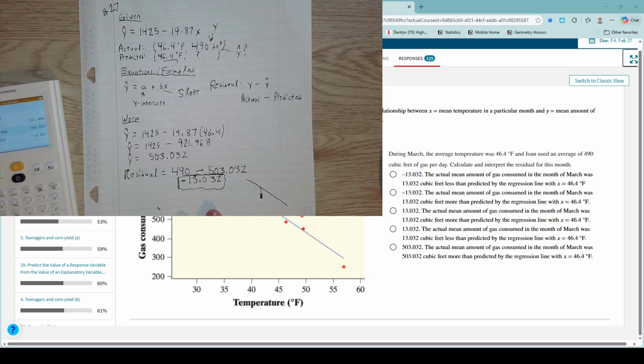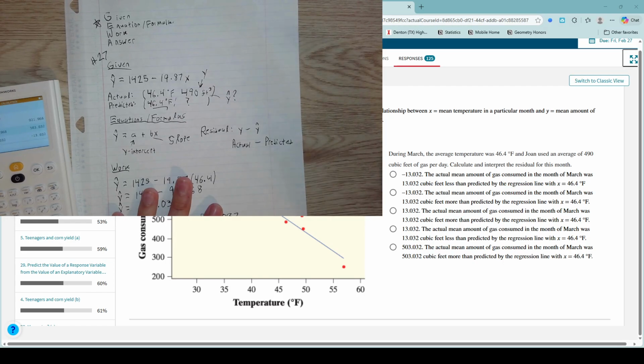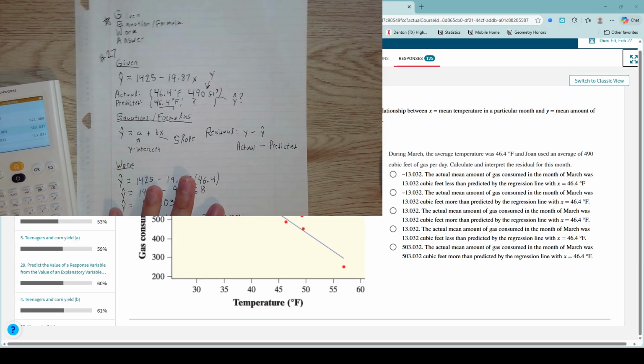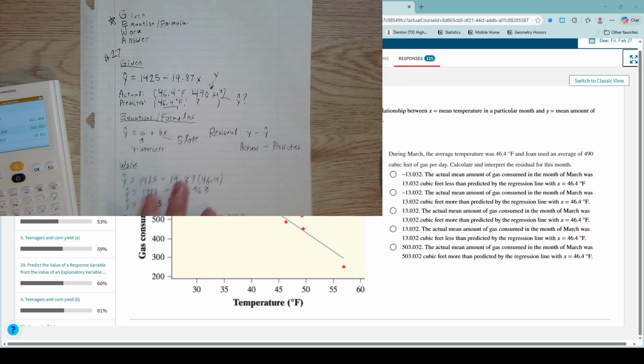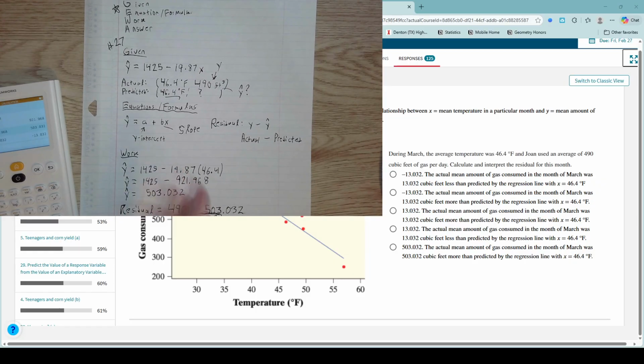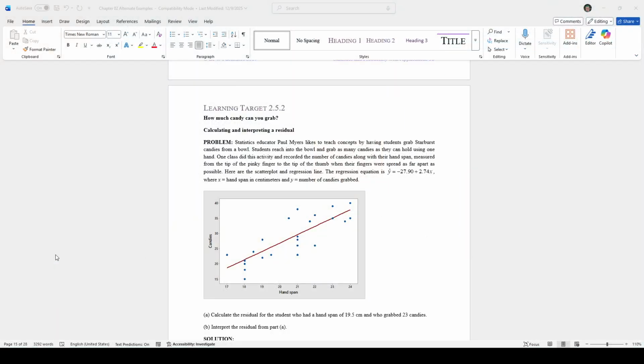Alright, so now that we just walked through a whole wonderful problem, let's go over to a practice problem that you can do on your own at home. If we look right here, this is a practice problem over finding the residuals.